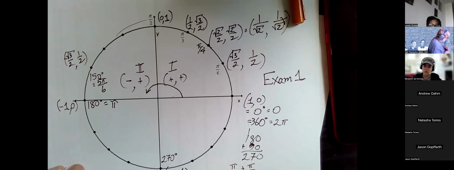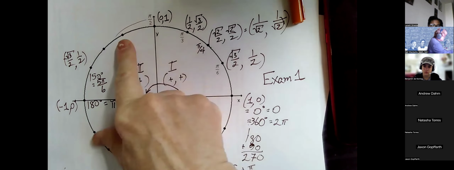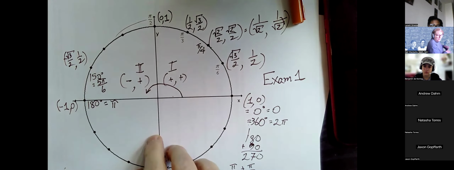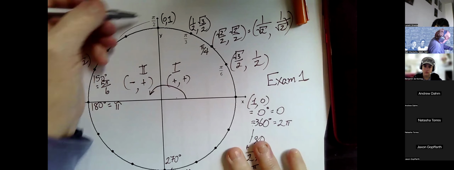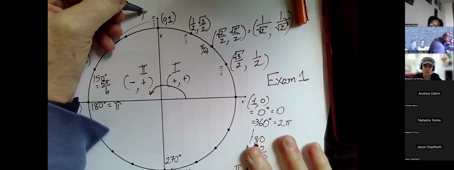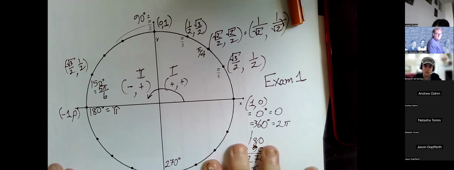All right. Let's look at the rest of the angles that are important to us in quadrant 2. So this angle at the top in quadrant 2, how can we find it if we know that pi over 2 is 90 degrees?